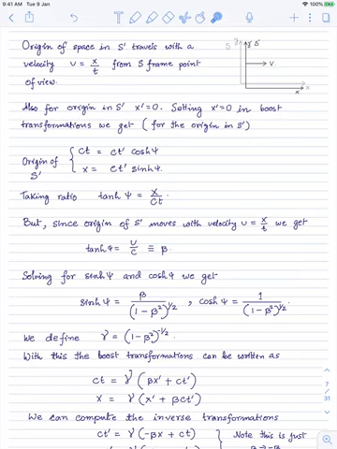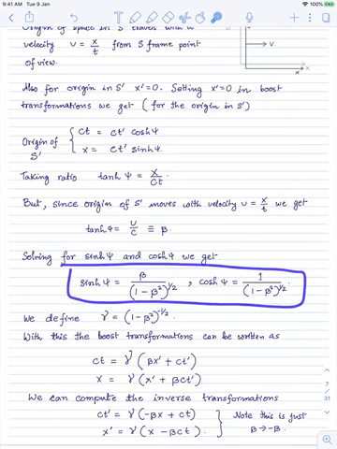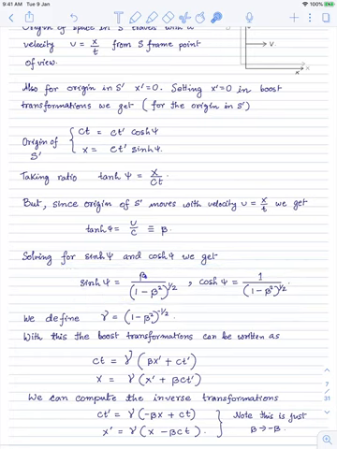So now if tanh psi is beta, then we can immediately find sinh psi and cosh psi, in the usual way, using the relation between sinh, cosh and tanh. We write tanh as sinh by cosh, then express cosh in terms of sinh and solve for sinh. If you do that, you will get sinh psi equal to beta by (1 minus beta squared) to the half, and cosh psi equal to 1 by (1 minus beta squared) to the half.